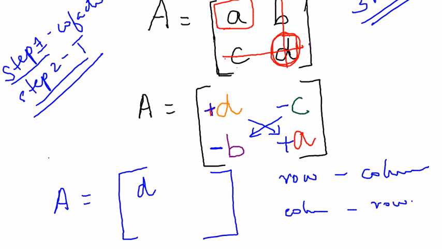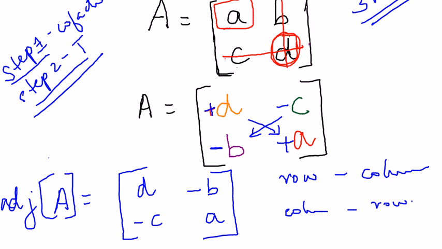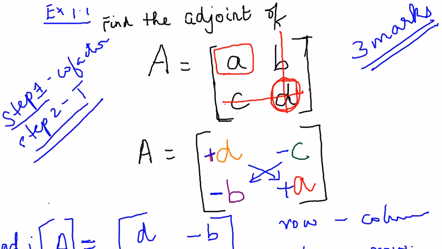D and minus C. And minus B and A is a row here, that becomes the next column, minus B and A. So this is the transpose, right? So this also happens to be the adjoint of A. So isn't it a very very easy 3 mark sum? Can't you crack it, right?